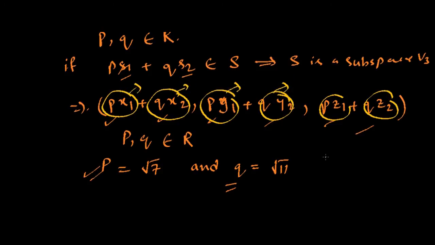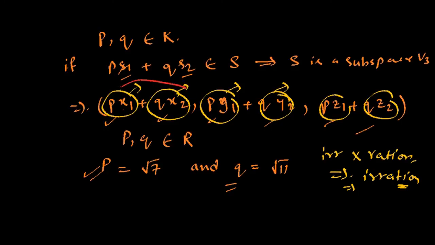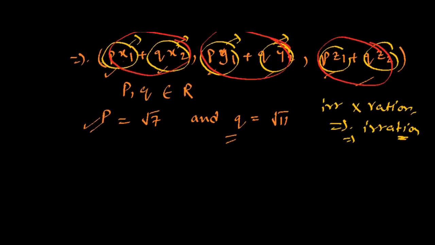We know that if we multiply an irrational element by a rational element, the result is irrational. And the sum of a rational number and an irrational number is again an irrational number.